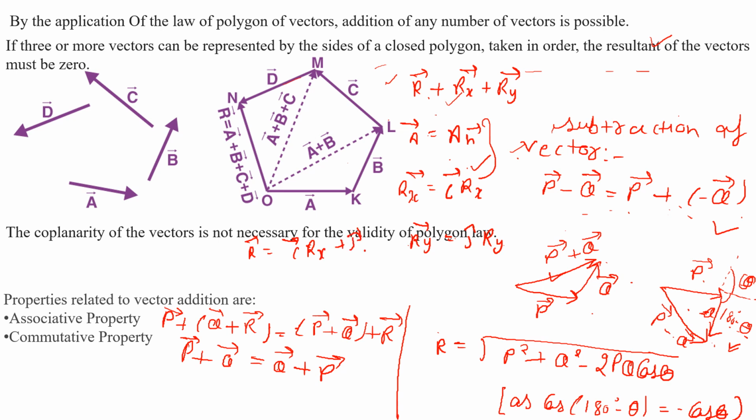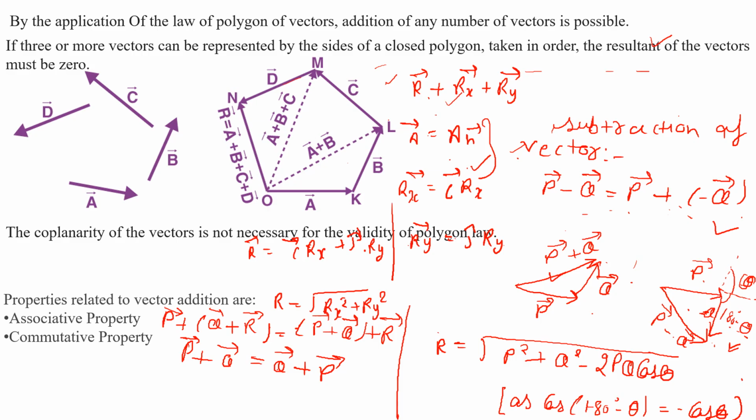Here we see cos of 180 minus theta is equal to minus cos of theta. So subtraction is not commutative, that is p minus q is not equal to q minus p. And change in a vector physical quantity means subtraction of initial vector from the final vector.